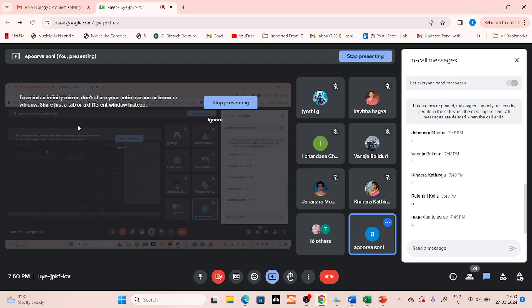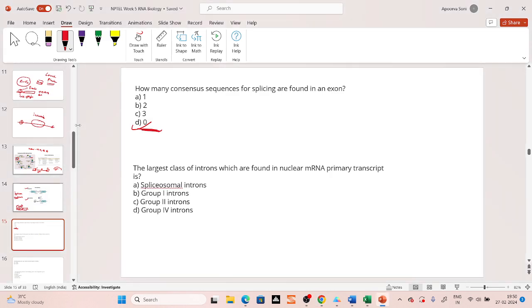No? Okay. Read the question carefully. How many consensus sequences for splicing are present in an exon? The consensus sequences for splicing are present in intron and not in exon. In exon, it is nothing, 0.